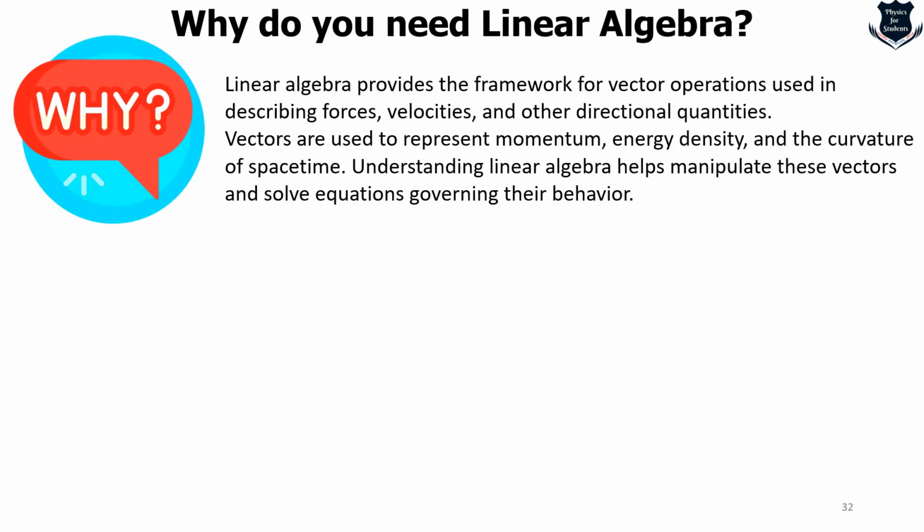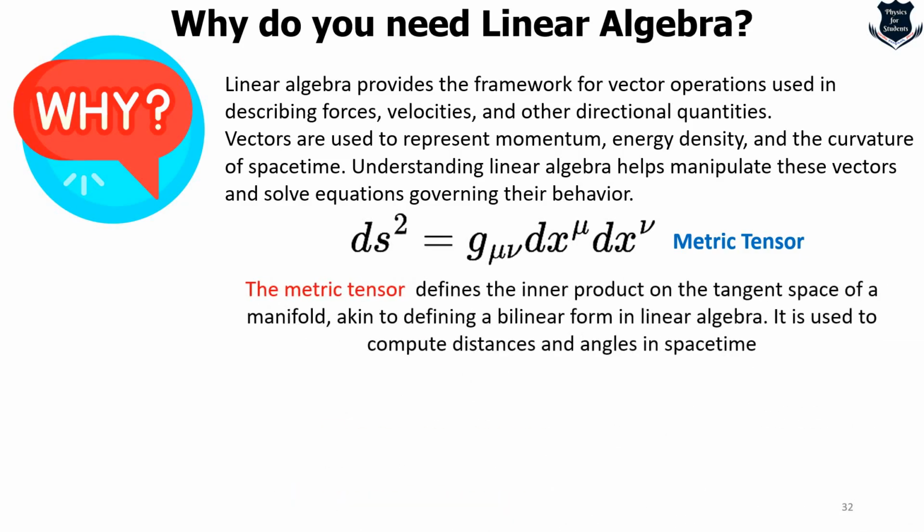So here you can see why you need linear algebra. Linear algebra provides a framework for vector operations and to calculate and describe velocities, momentum, energy density. Here you can see this is a metric tensor, which comes from the linear algebra part.